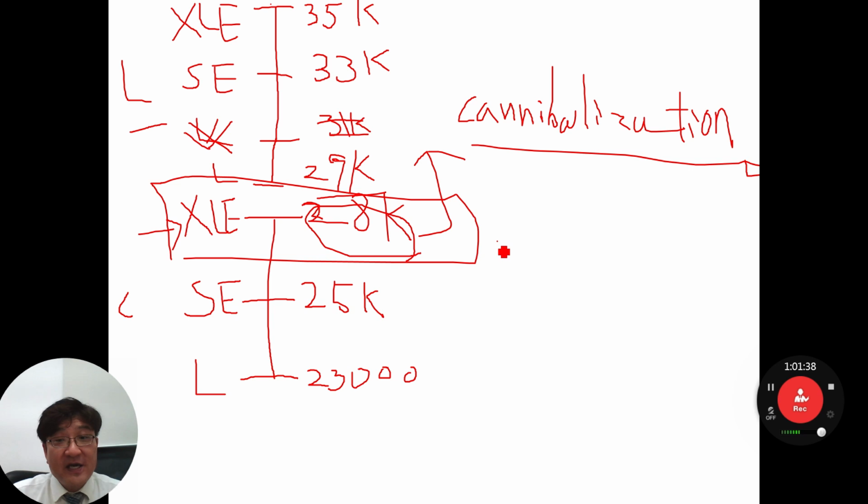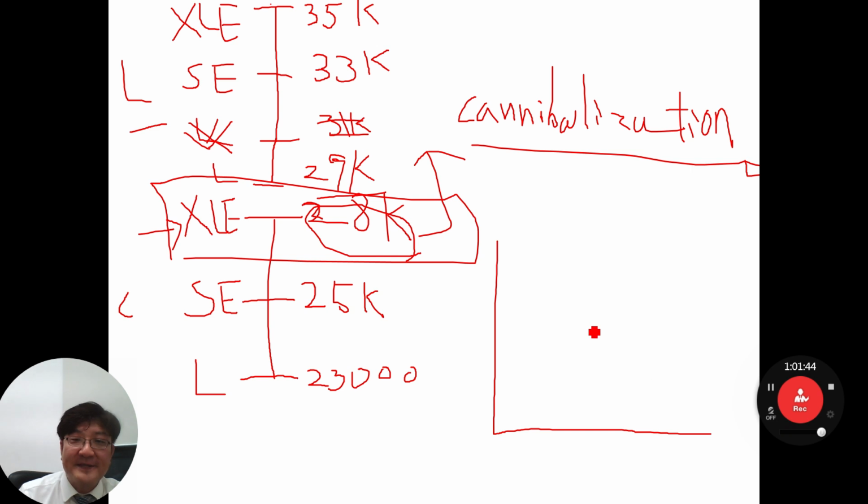Okay, let me give you another example for product line pricing. Suppose you have a product. Let me have another prop in my office. I'm going to use my office supplies as a prop. This is a Xiaomi battery.